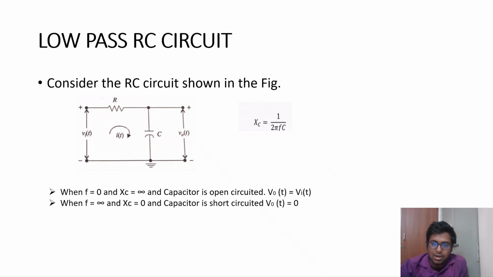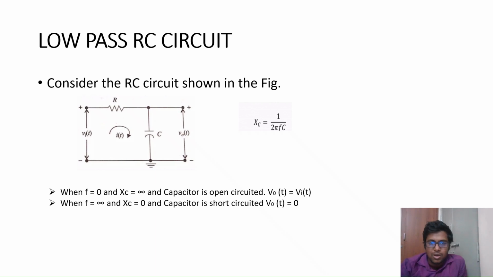That is, we can conclude that whenever you are applying a low frequency signal, whatever signal is available at the input, the same will be passed to the output side. In this way, the low frequency signals are passed to the output side. Now we are considering the high frequency signals, that is, f value is infinite. Whenever the f value is infinite, according to this formula, your Xc value is 0 and your capacitor will become short circuited.